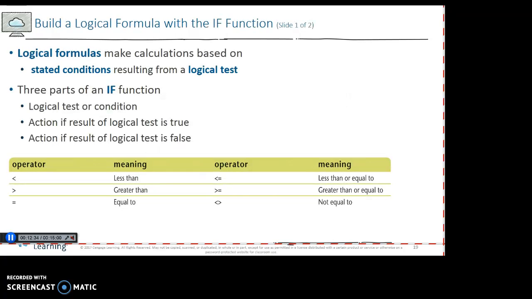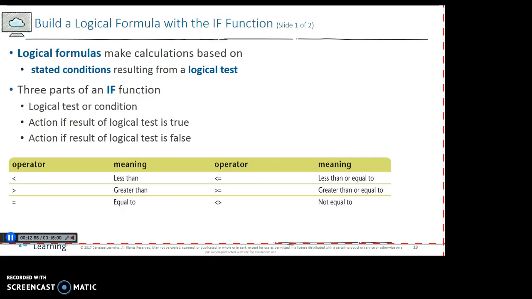Logical formulas can make calculations based on conditions. And what they use is a test to find out if it meets that condition. So there are three parts to an IF function. A logical test or condition, so do this if this occurs.